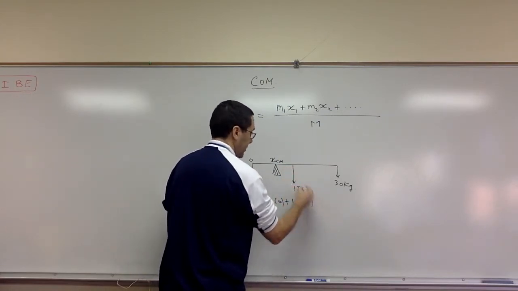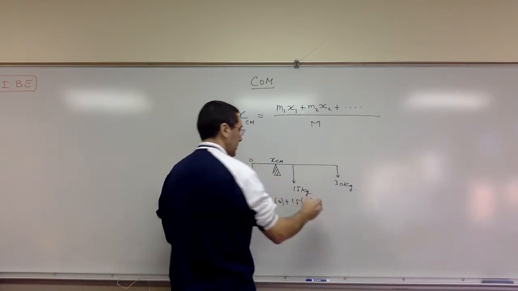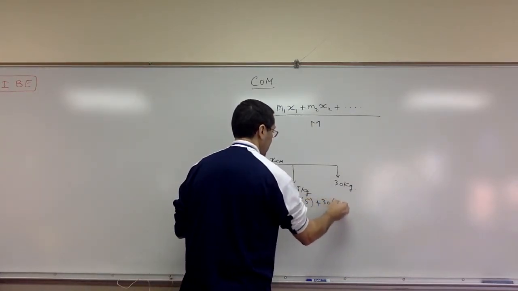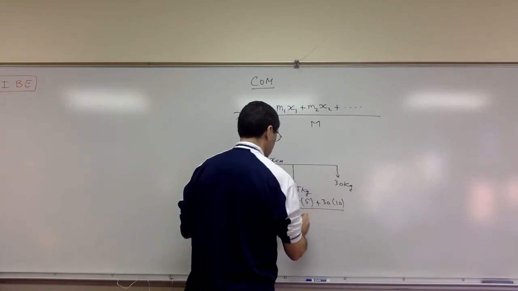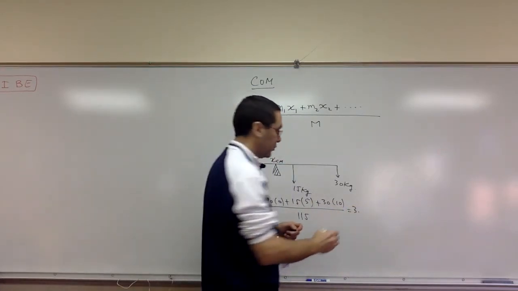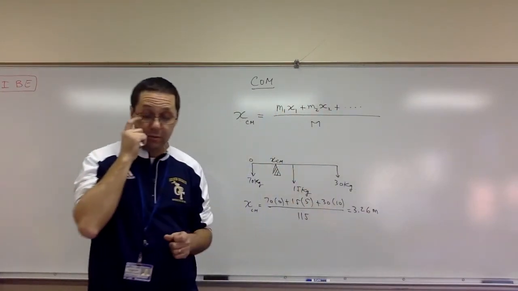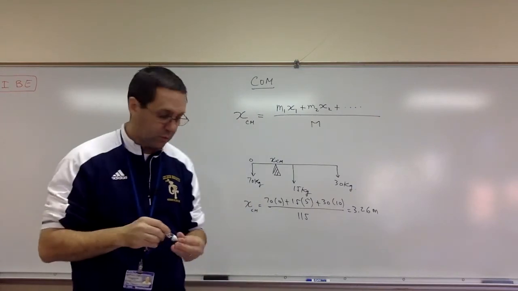That's 5 because it's smack in the middle. That's only true if you have uniform density. Plus 30 times 10, over, now it's not 100, it's 115. And you should get your 3.26. We did torques, so you can get the same results. Now let's just do 37 quickly.